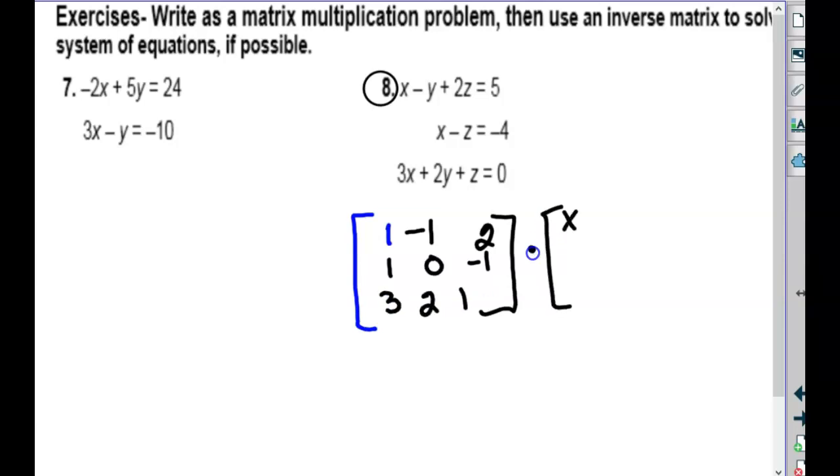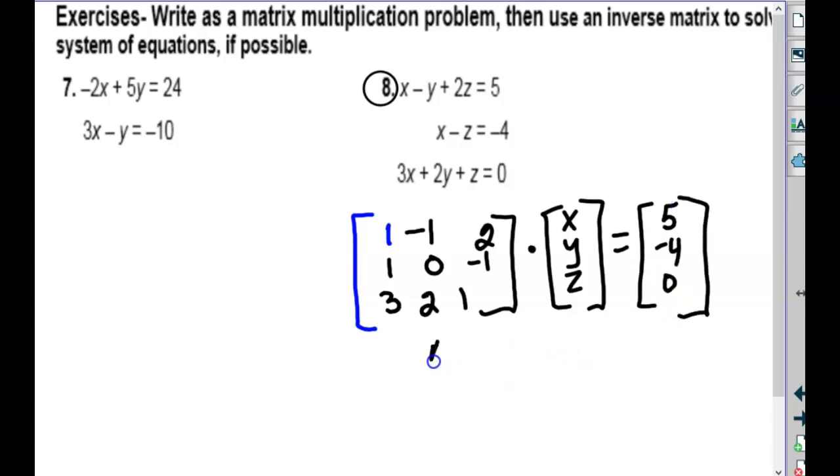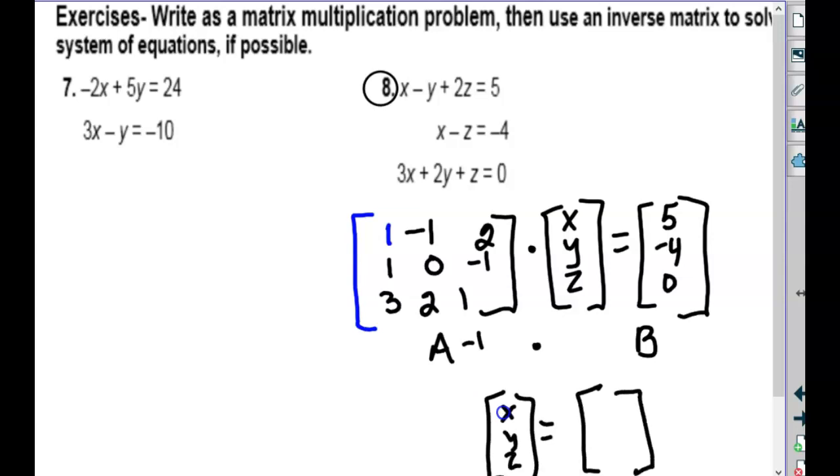Times, please write it out this way because this is what it's going to ask you on the quiz, write it as a matrix multiplication, I think. 5, -40. And now we're going to call this A and do its inverse times B. And we're going to get X, Y, Z equals some numbers.